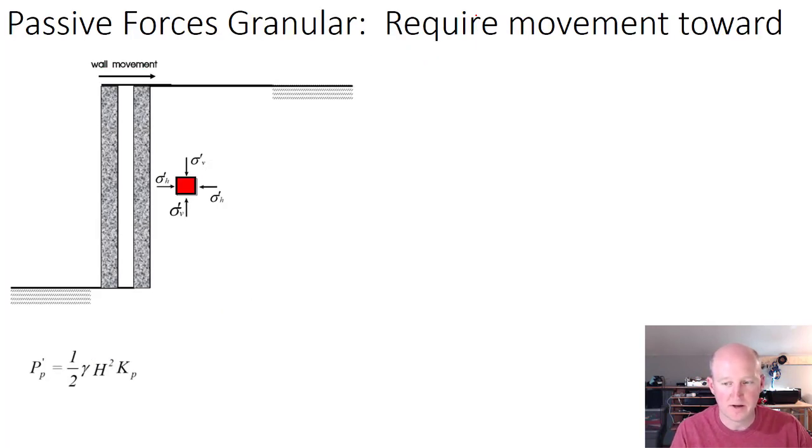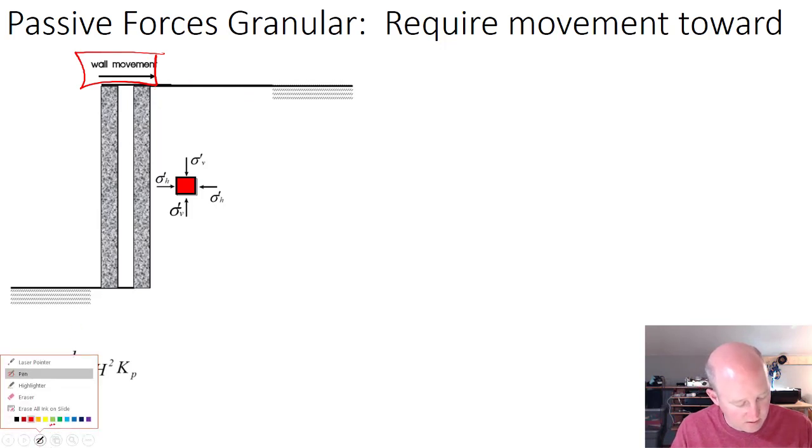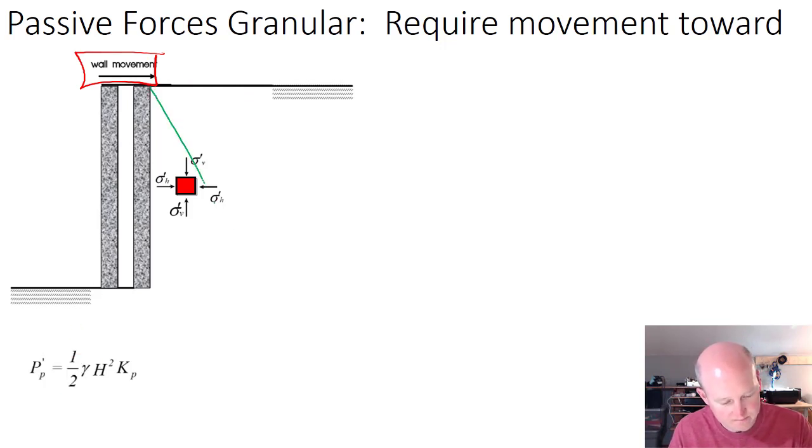So how about passive forces? It's sort of the reverse of the last. We need to have the wall move towards the backfill material, and the horizontal stresses increase and increase and increase until the soil starts to fail. Again, we would have a triangular pressure distribution, and we need to know this magnitude.